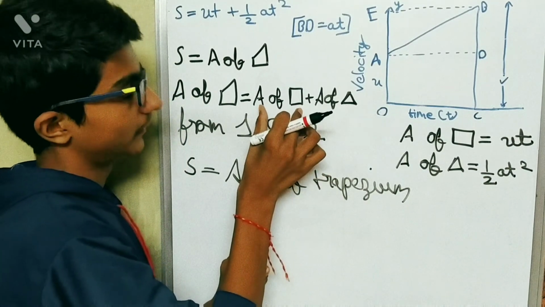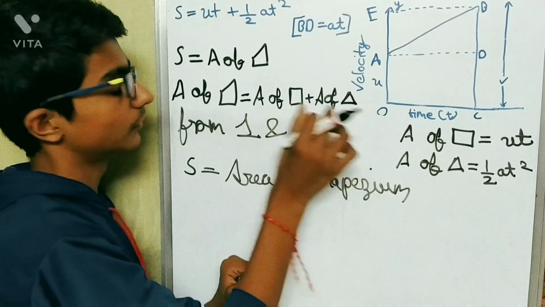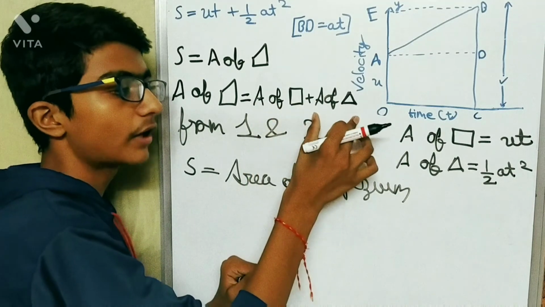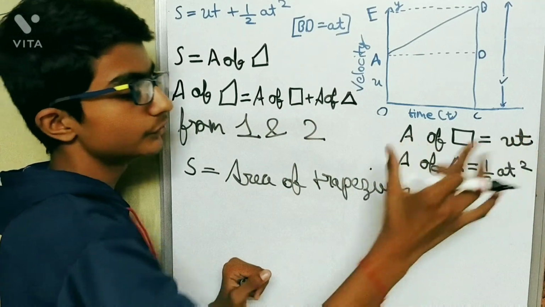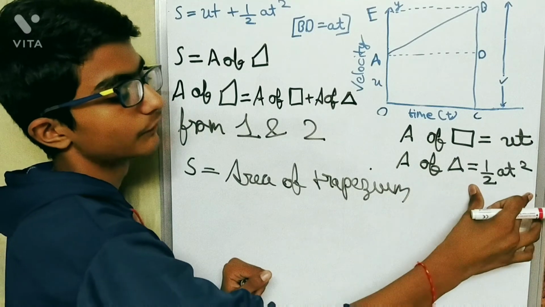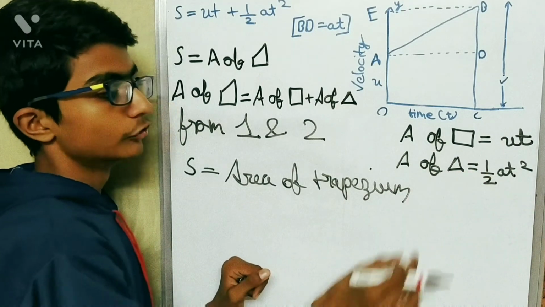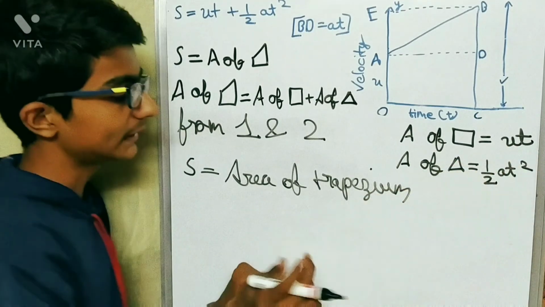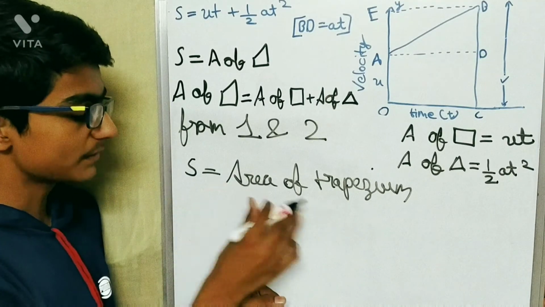That is the area of the rectangle plus the area of the triangle. The area of the rectangle is ut and the area of the triangle is 1/2 at². So ut + 1/2 at² is the area of the trapezium.